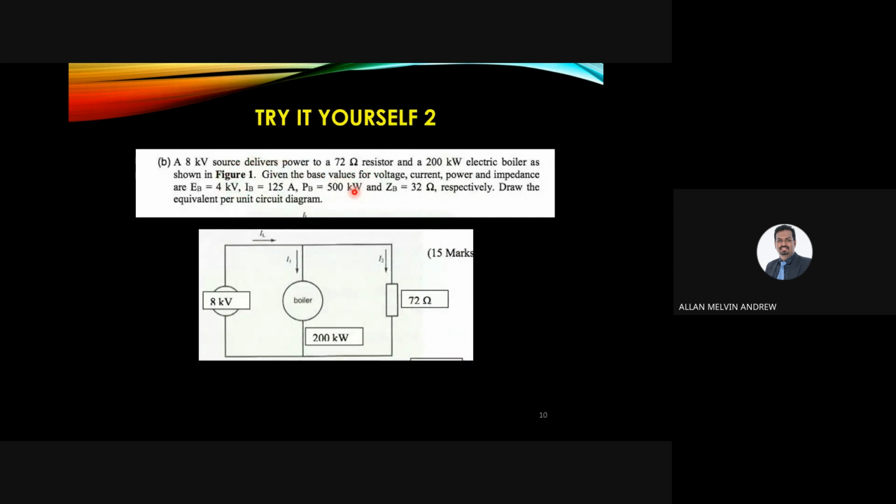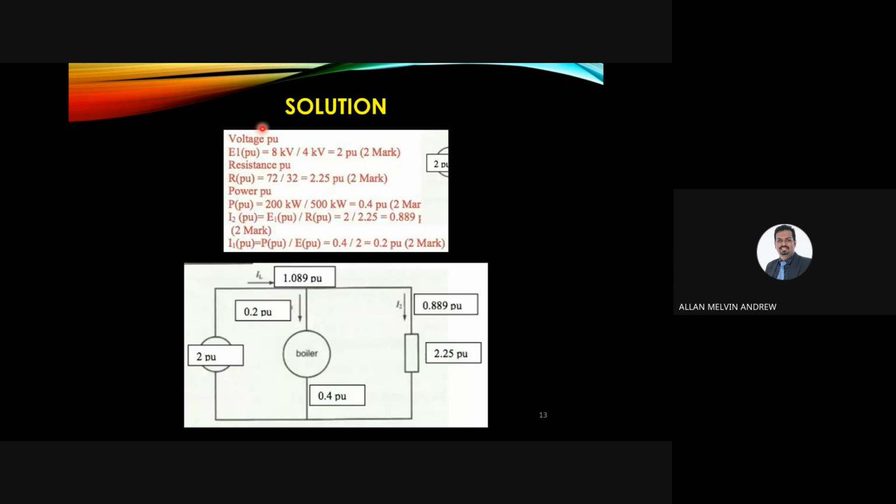Why 8 kilovolt? Because the source is 8 kilovolt and the base for the voltage is 4 kilovolt. So you divide, you get 2 pu. Imagine in the exam you get 2 marks just by one line. So you get 2 pu.